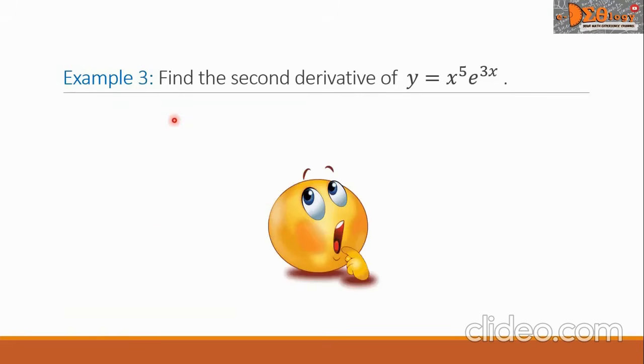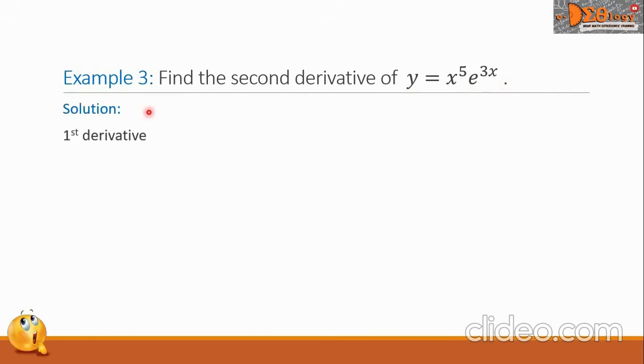Example 3. Find the second derivative of y equals x raised to 5 e raised to 3x. In this problem, we can see that we need a product formula. Let us now solve the first derivative.